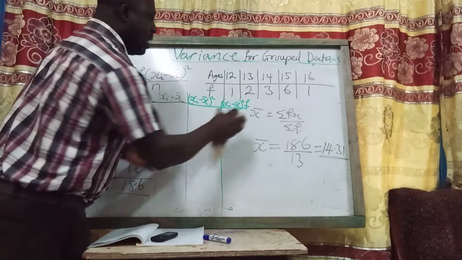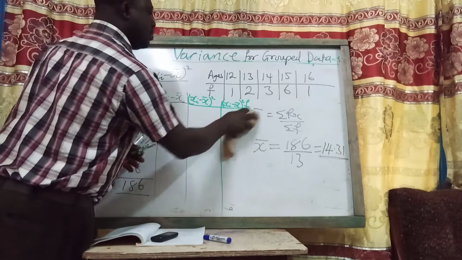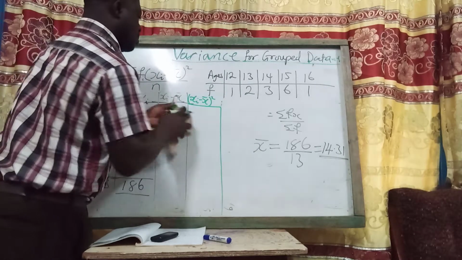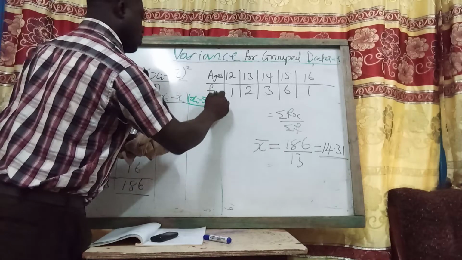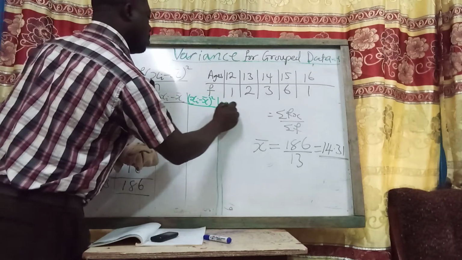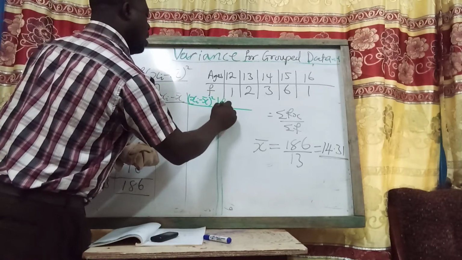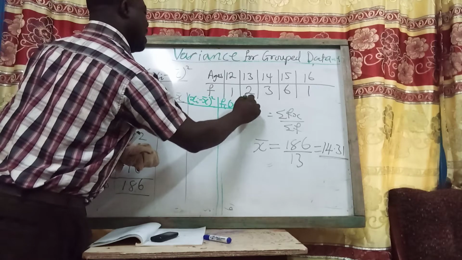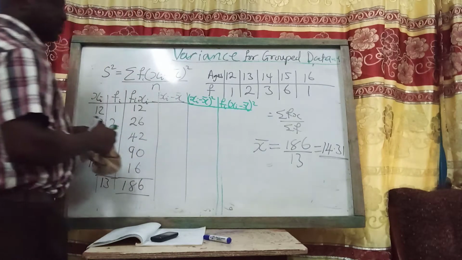Or let me write the f first: fi xi minus x bar squared.